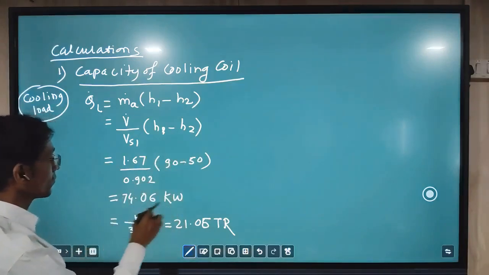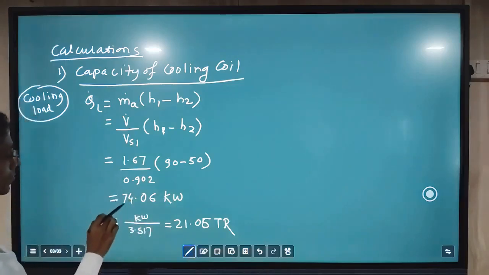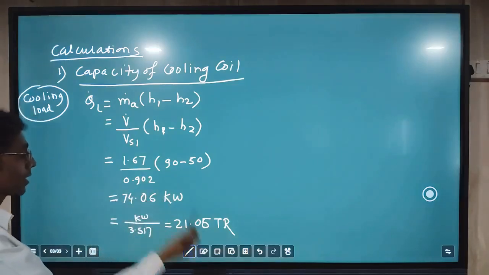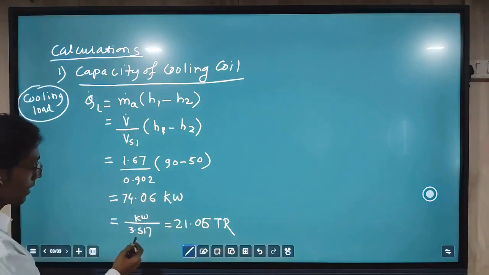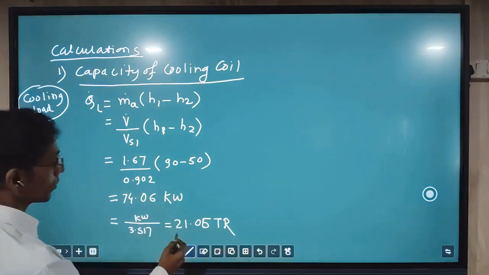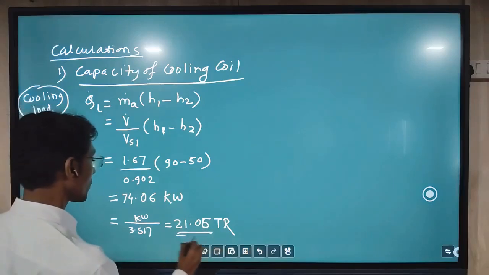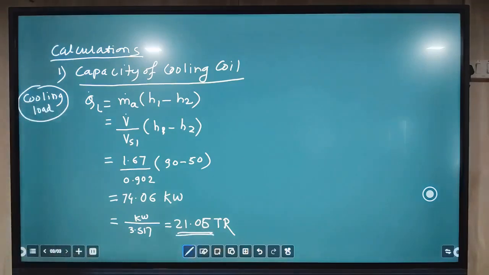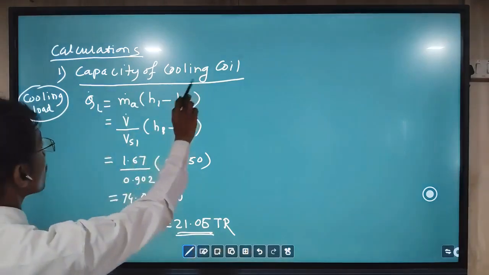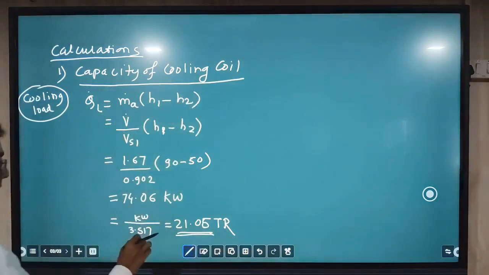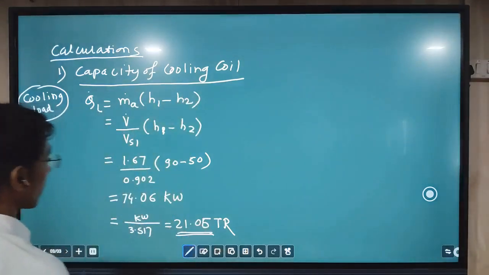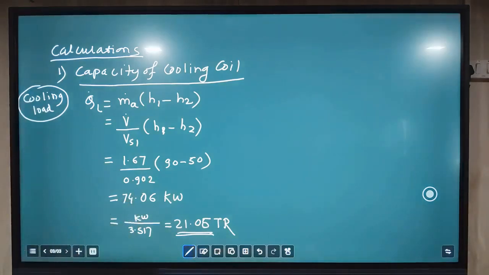Doing this calculation, we find this value in kilowatt. This kilowatt value we can convert by dividing it with the factor 3.517. We get the value in TR, meaning ton of refrigeration. So the cooling capacity of the coil, or cooling load, we obtain here in TR and in kilowatt also.